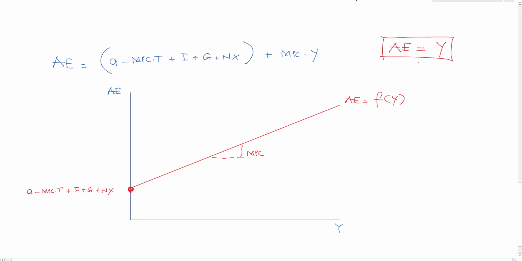Now, because we have AE and Y equal, we're going to draw a very special line that we use a lot in math. If Y is equal to 1, then AE is going to be equal to 1, on this point. If Y is equal to 2, AE is also equal to 2. So we have this point, and so on and so forth. So we're going to draw a line that has exactly this equation. A line for which every single point is such that the value of Y and the value of the aggregate expenditure are exactly the same.